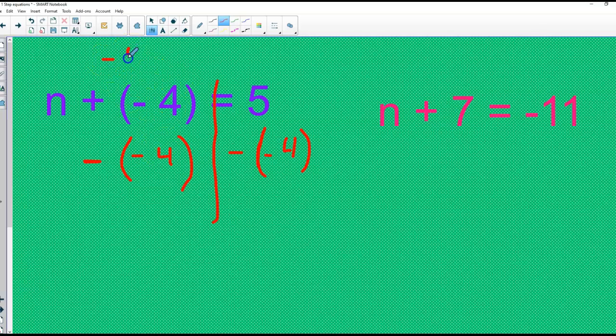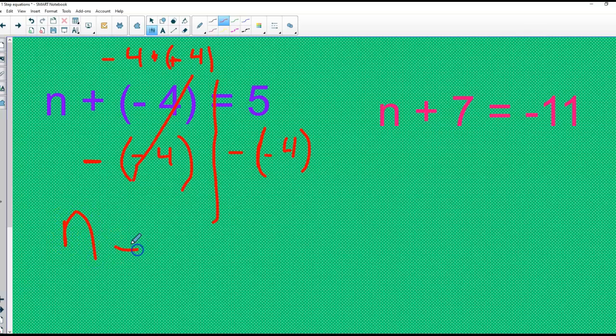So if you have negative 4 and I am subtracting a negative 4, right? So we would do leave, change, opposite. So again, this is equal to 0. So it is gone, right? There's nothing left here. So the n is still left. It's over here by itself.